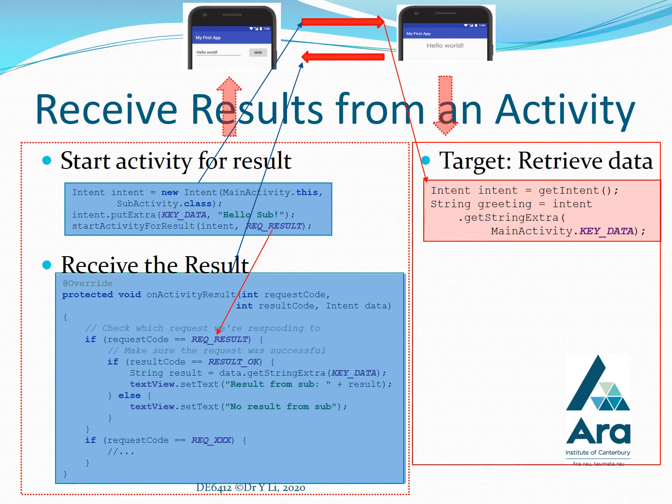By calling the getIntent method, we can get the intent which was used to start the current activity. We can retrieve data from the extra field of the intent using the same key which is defined in the main activity.